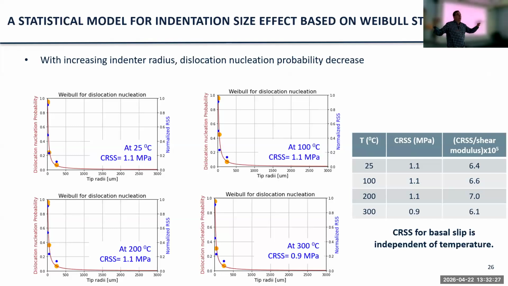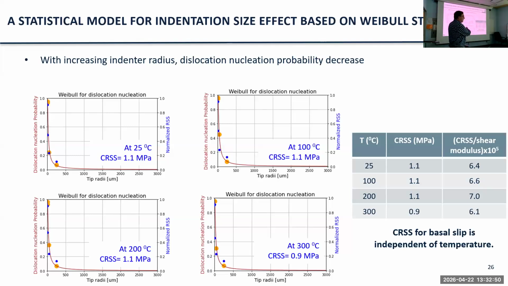So if the indenter is large, you don't need to nucleate. And if the indenter tip is very small, you do need to nucleate. And then that allows us to calculate at a very large radius what the critically resolved shear stress is. And what I like about this, first of all, it's about 1 megapascal. So that agrees with what single crystal bulk measurements are.